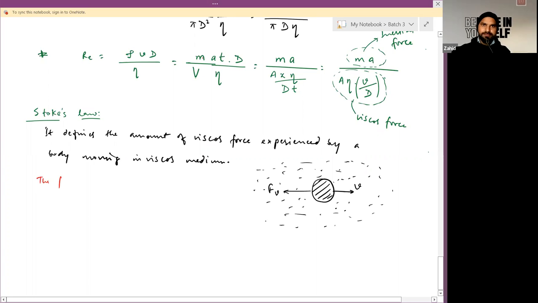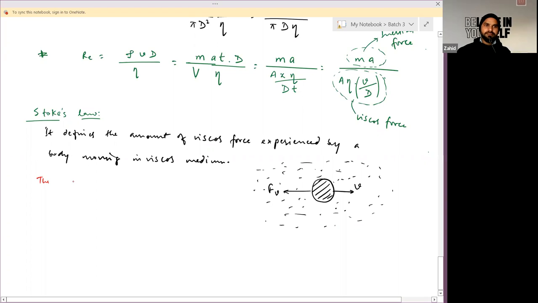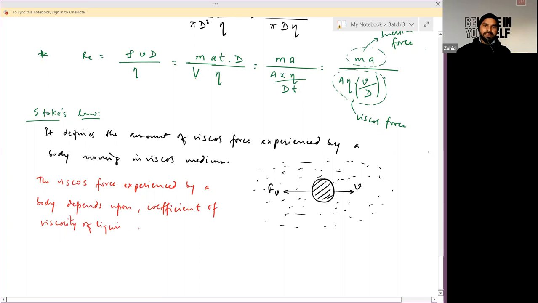The viscous force experienced by a body depends upon the coefficient of viscosity of the liquid, that is eta.